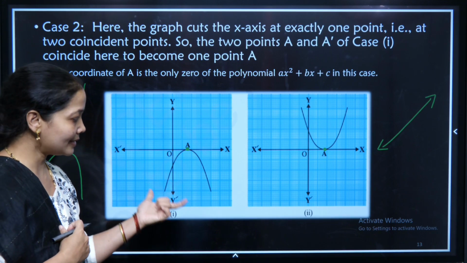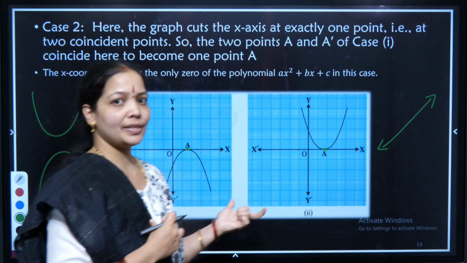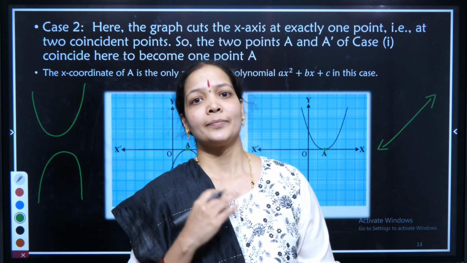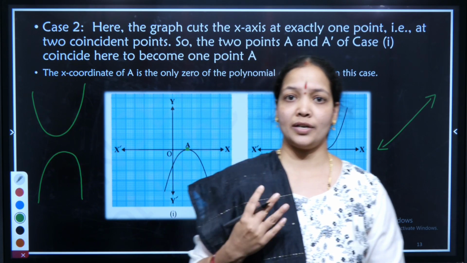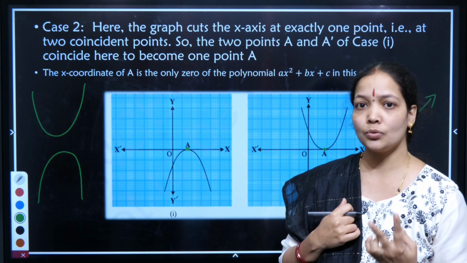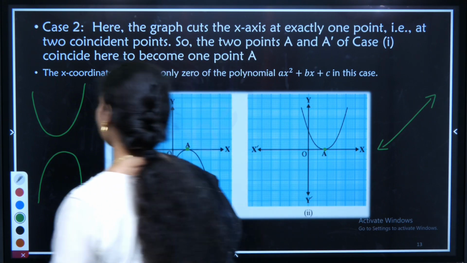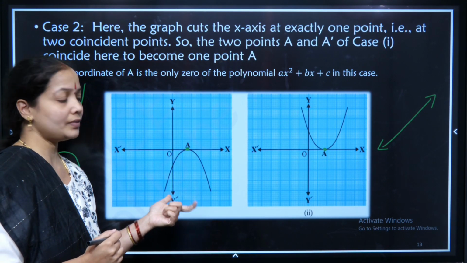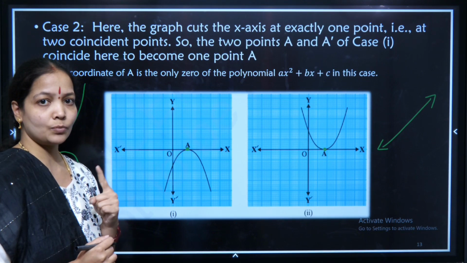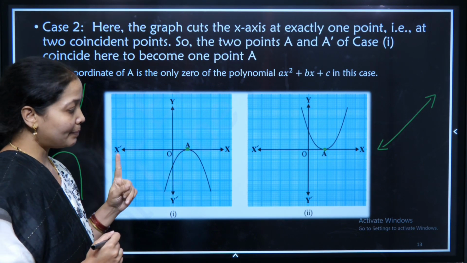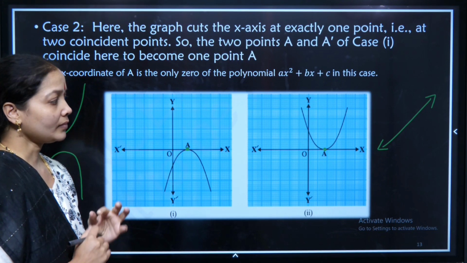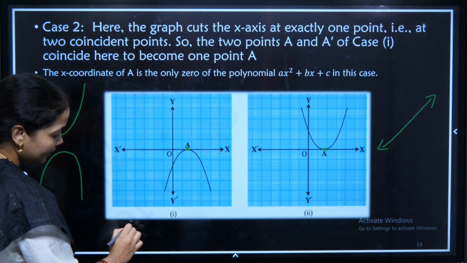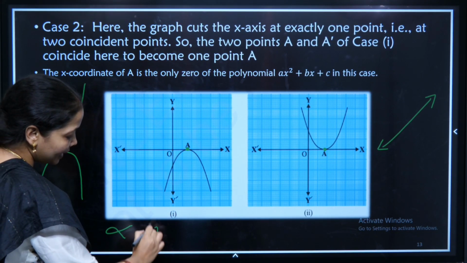Now, the parabola is there, but many students ask me, ma'am, you're just confusing us. You told us that if it is quadratic, the graph has to touch the x-axis at two different positions as in the previous slide. But again, you are showing a graph in which the graph is touching the x-axis at one position. This is a peculiar graph. I told you, when we have two zeros, we determine the zeros as alpha and beta.